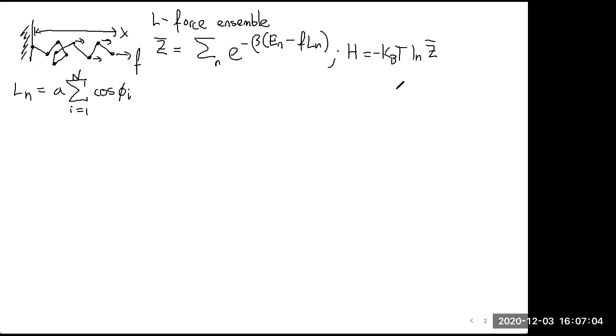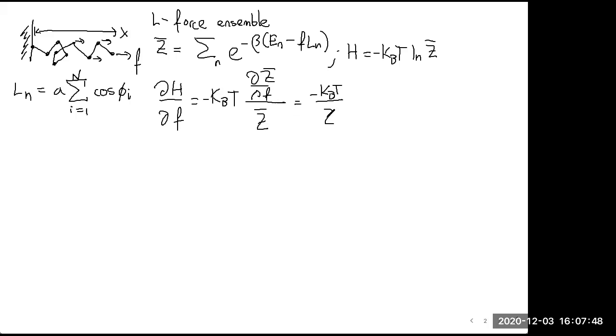Now something one can prove is that if you take the derivative of this H with respect to F, it's very easy to do, because the derivative of log of Z is the derivative of Z divided by Z. So it will be minus k_B T, Z bar, and here we put the partial of Z bar with respect to F. Very simple algebra.